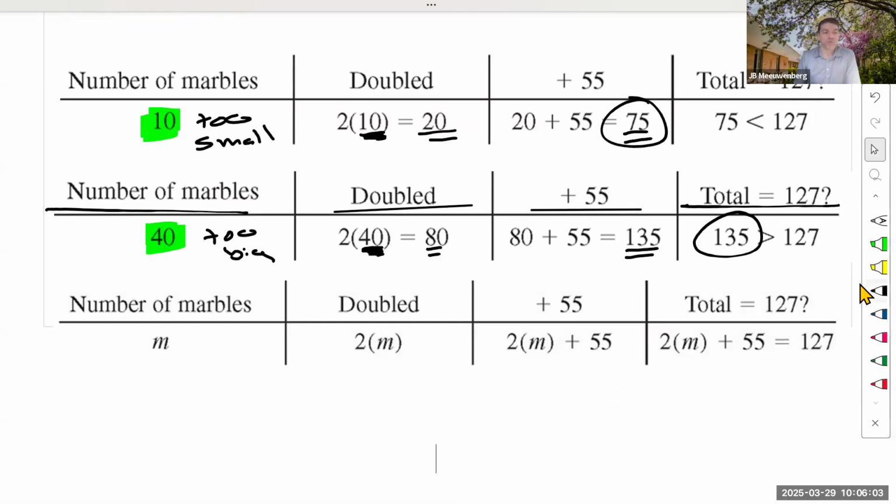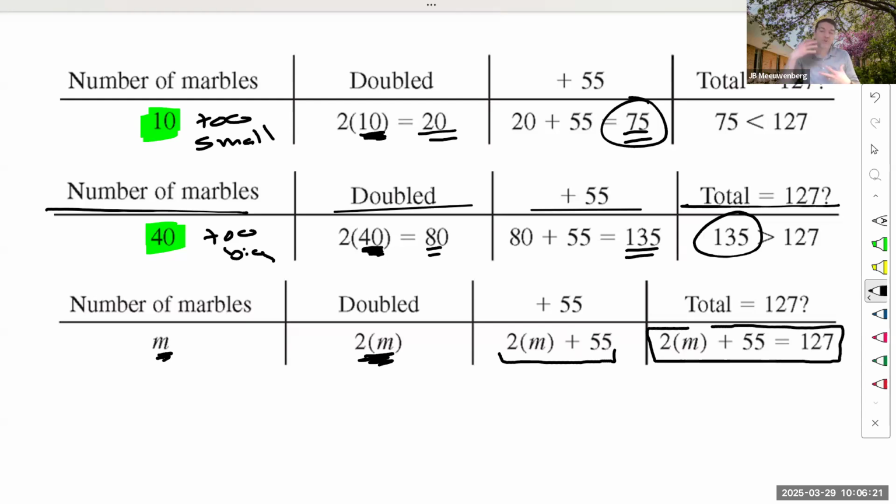If the number of marbles that we're trying to solve is represented by the letter M, and we double that, and then we add 55, we know that this statement here has to be equal to 127. And then we've created an equation that is going to help us solve this problem.